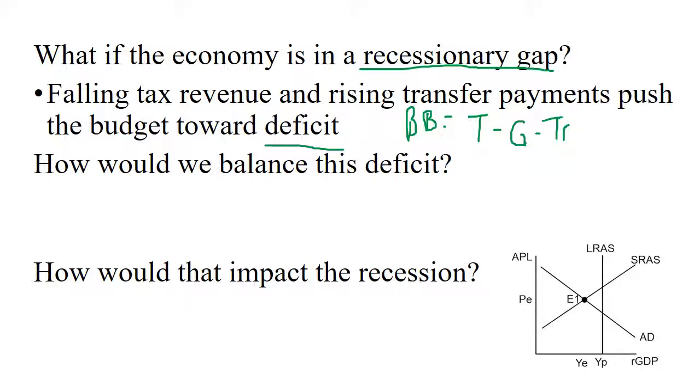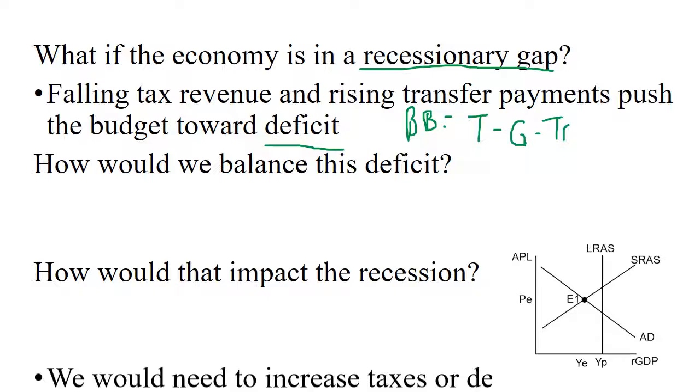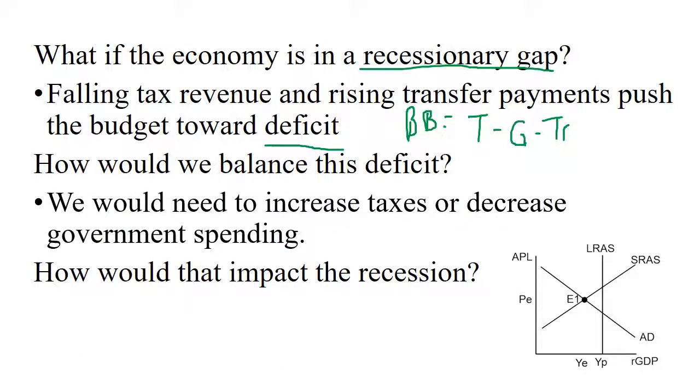So to get out of a deficit, our options are, if we increase taxes, that could get us out of the deficit, or if we decrease government spending, or if we decrease government transfers, any of those discretionary things would reduce the deficit. It could get us into a surplus.